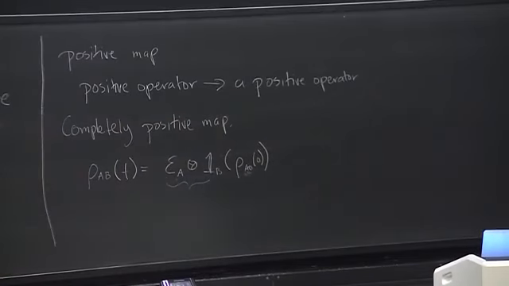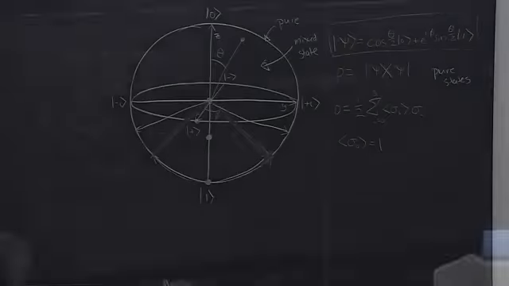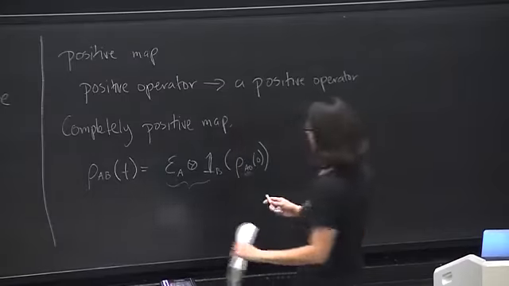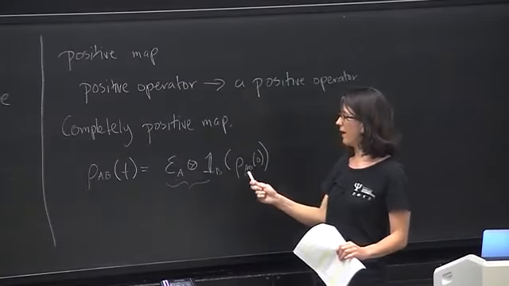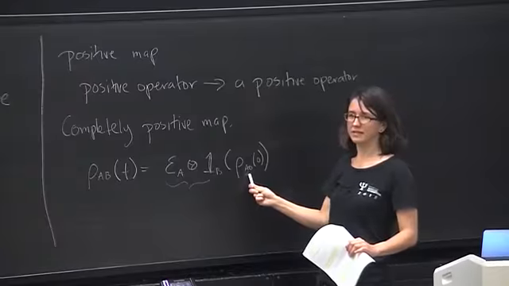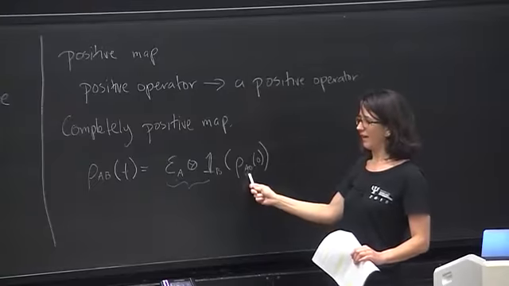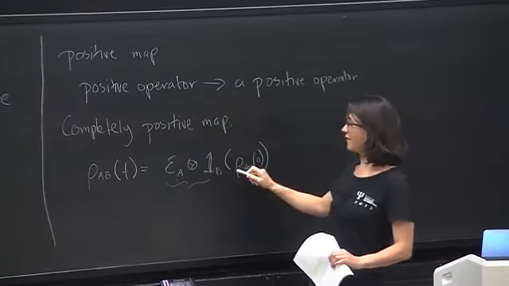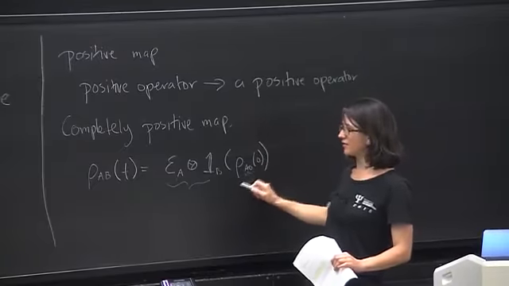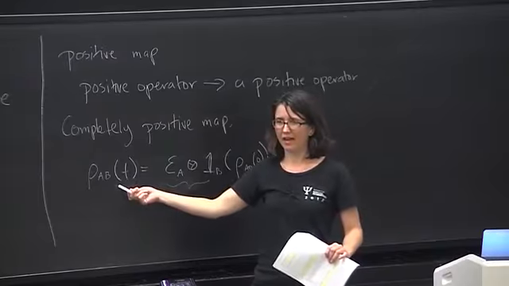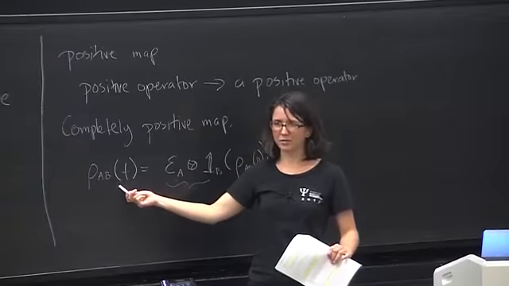Wait, could you say it again? So, what a completely positive map is? Yes. It's a map that if I act it on one part of a composite system, and if this input density operator is positive, then the final density operator will also be positive.